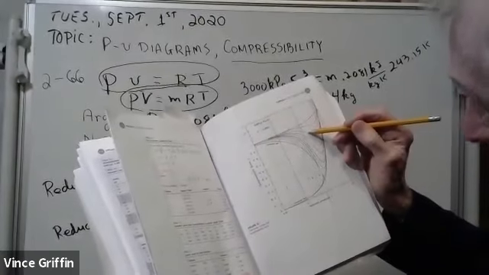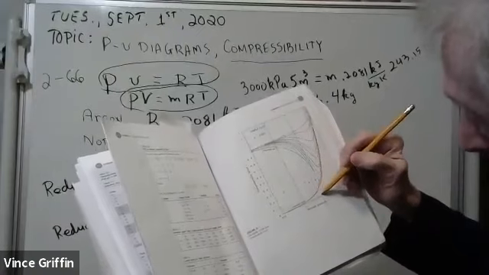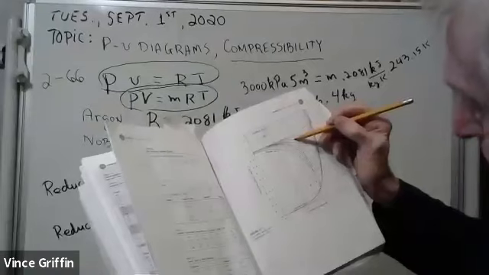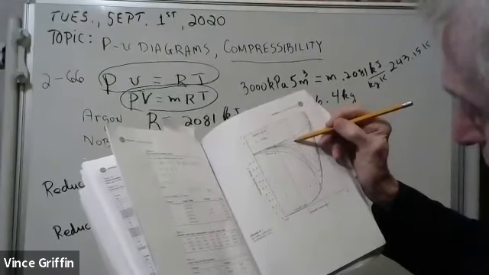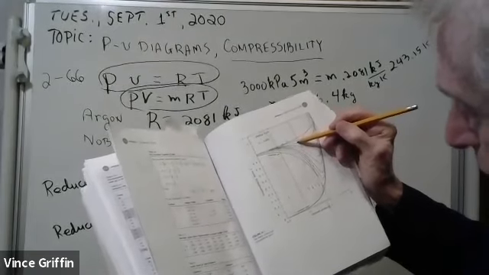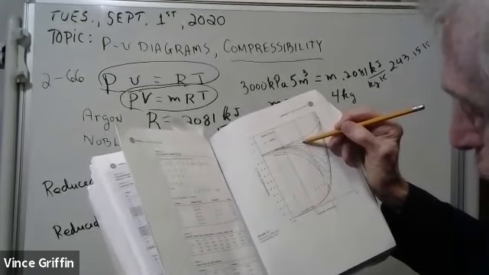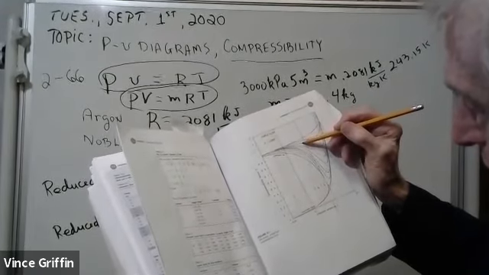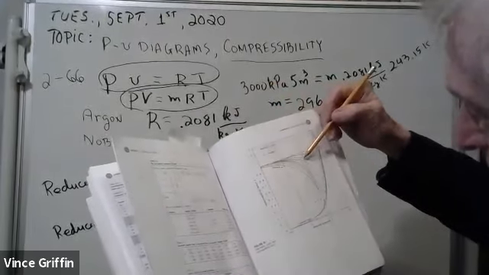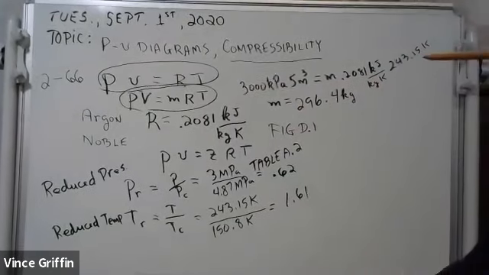There is no 1.6, but there's a 1.5, so go a little bit more, because 1.6 is a little bit bigger than 1.5. Where my pencil tip is, you come over to the left, and it looks like about 0.96 for your compressibility. I don't know if that made a lick of sense to anybody, but that's how you do it.